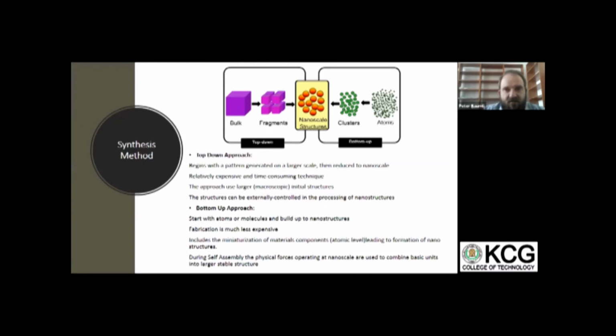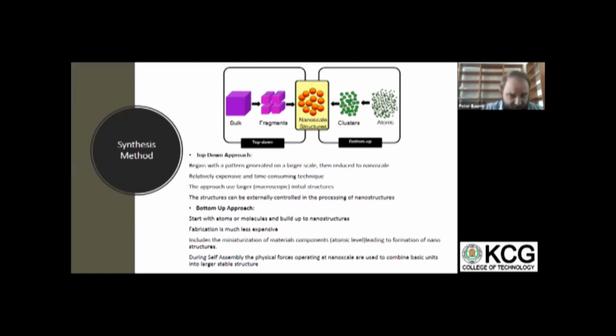How can we synthesize the nanomaterials? We have two main groups of the preparation methods. One of them is top-down, and the other one is bottom-up. The top-down technique means that we have a big bulk material, and somehow with high energy, for example, with milling, we prepare smaller and smaller particles, and in this case, the surface area of the particles will be increased.